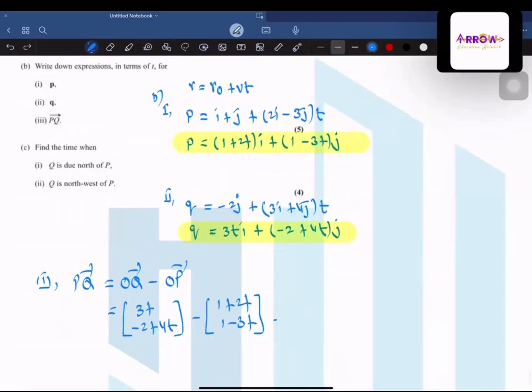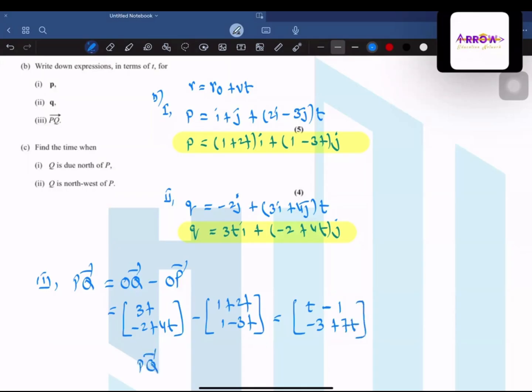So 3t minus 1 minus 2t, so positive t minus 1. This is the I component. And minus 2 minus 1 is minus 3, and 4t minus minus 3t means 4t plus 3t, which is 7t.